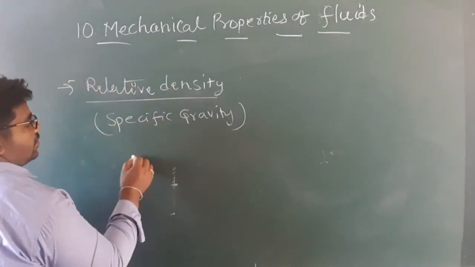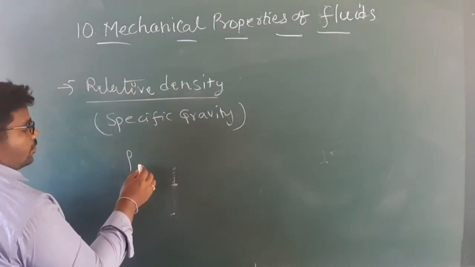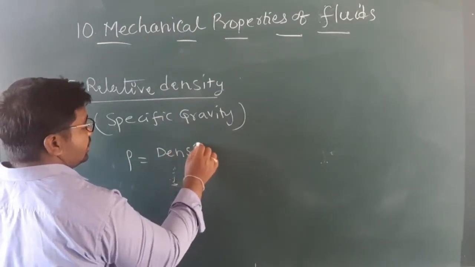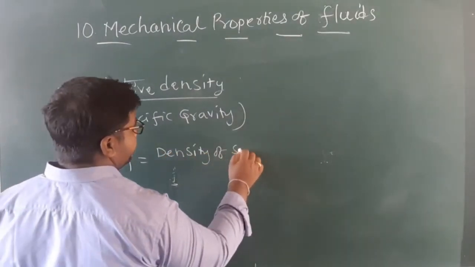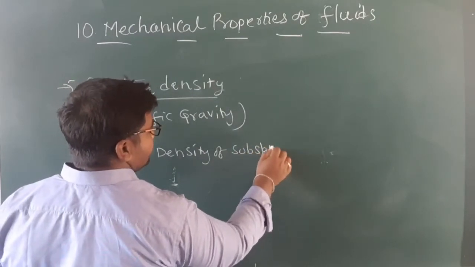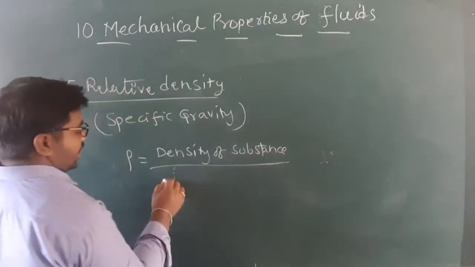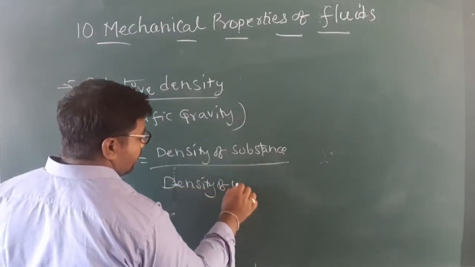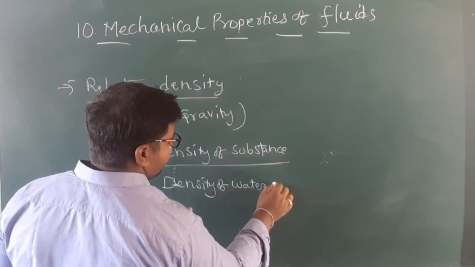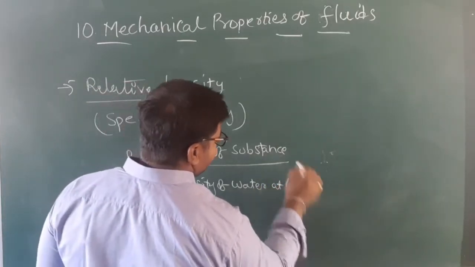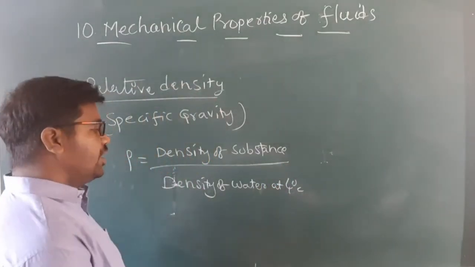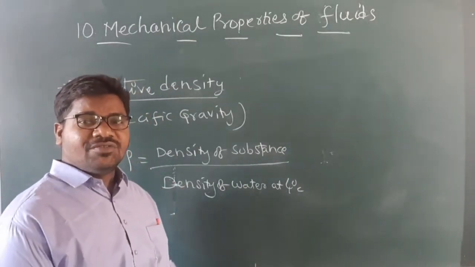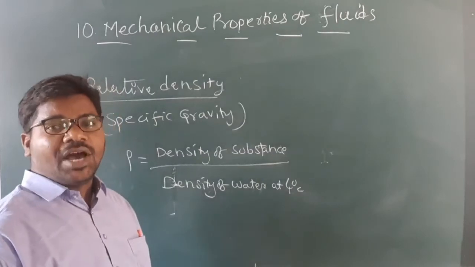So relative density is equal to the density of the substance to the density of water at 4 degrees centigrade. We take 4 degrees centigrade because water at 4 degrees centigrade occupies maximum volume.